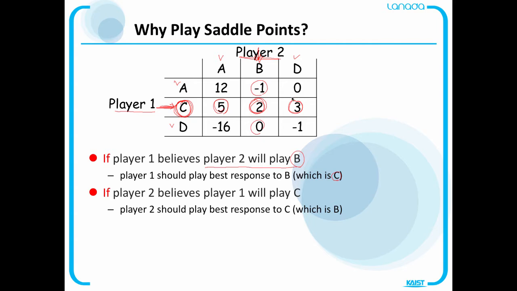Because she tries to minimize, she will play B in order to choose the minimum. And that's quite rational.